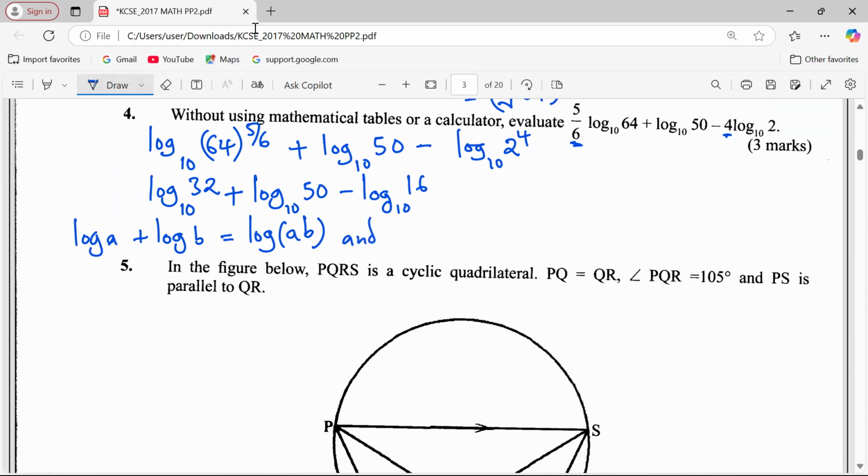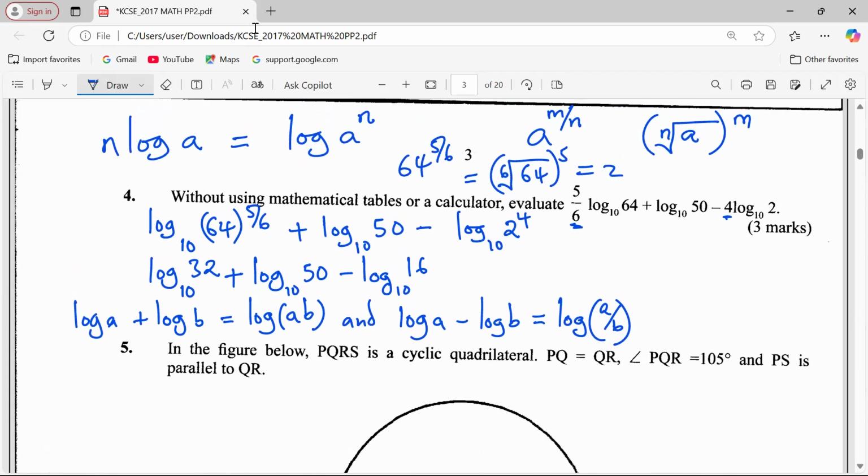And when the log of B is subtracted from the log of A, we take the log of A divided by B. So now we have the log to base 10 of 32 multiplied by 50, and because of the minus, divided by 16. This will be the log to base 10 of 100.